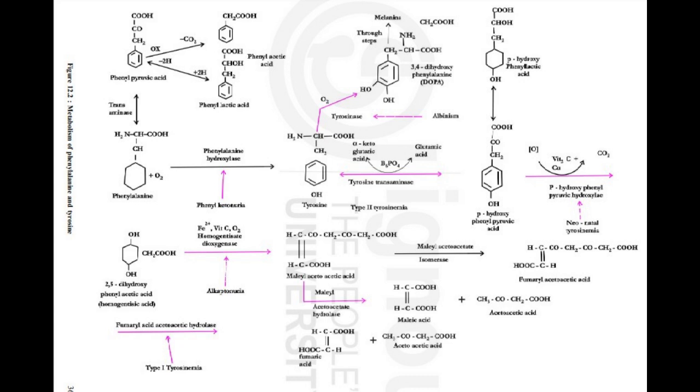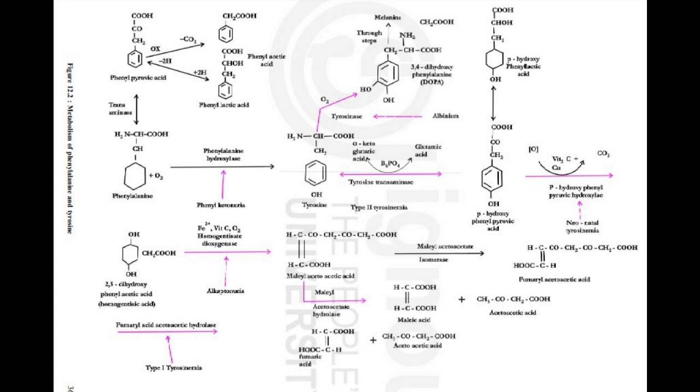Along with the discussion presented here for each disorder, other characteristics have been listed in Tables 12.1 and 12.2. Read these tables carefully. This will make it easy for you to recapitulate, as well as follow the information presented in the text. The chemical reactions involved are given in Figure 12.2.